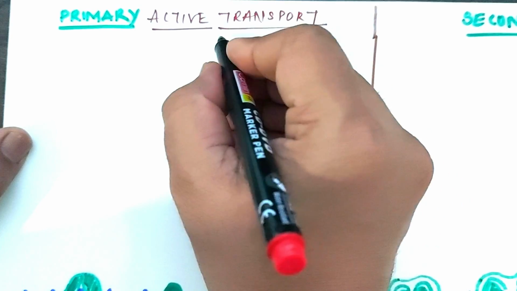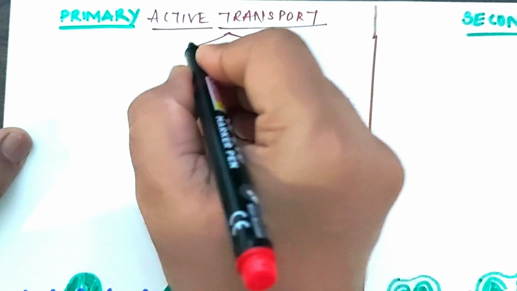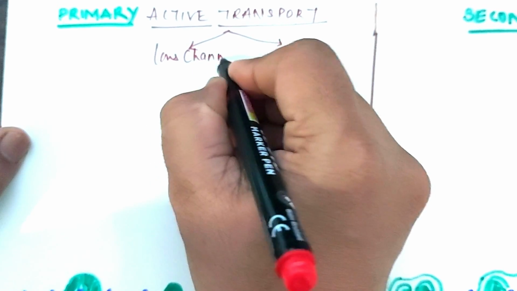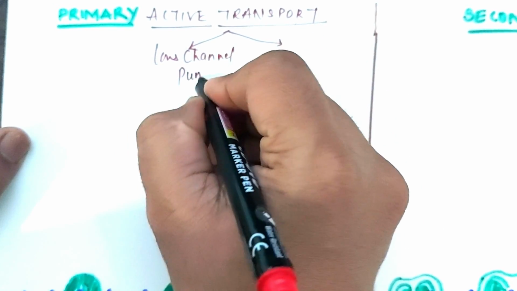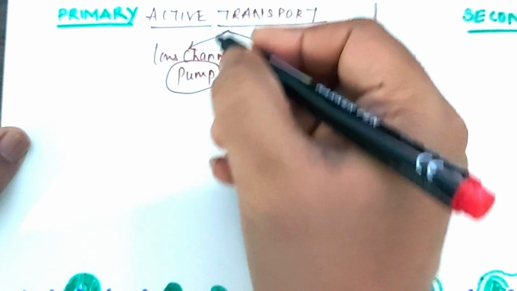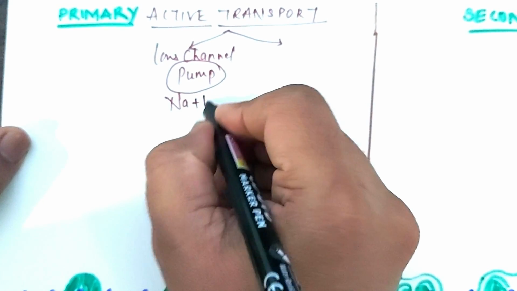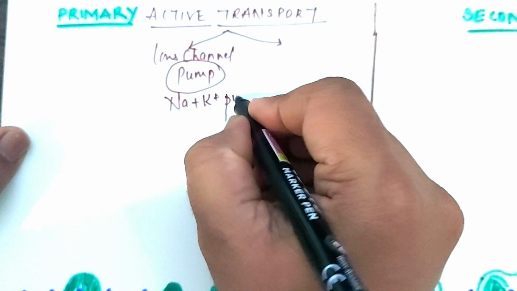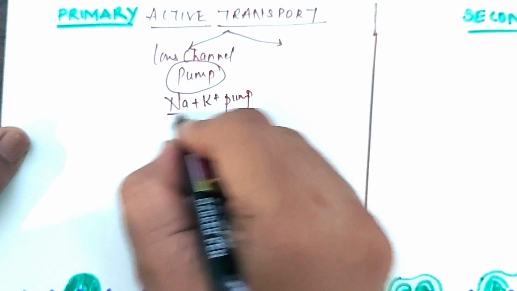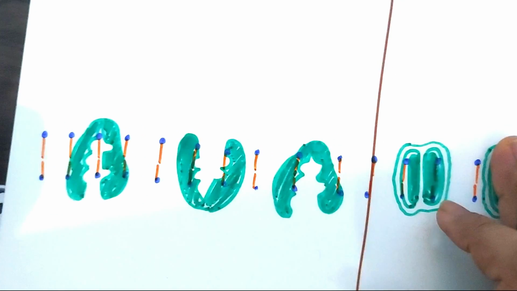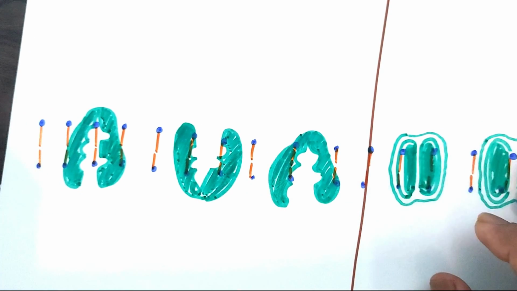So active transport, we said, we divided into two: the ion channels or the pumps. The first example in active transport that we are going to consider is the most important pump, the sodium potassium pump, which is present in almost all the plasma membranes. Here is the diagram of the sodium potassium pump.